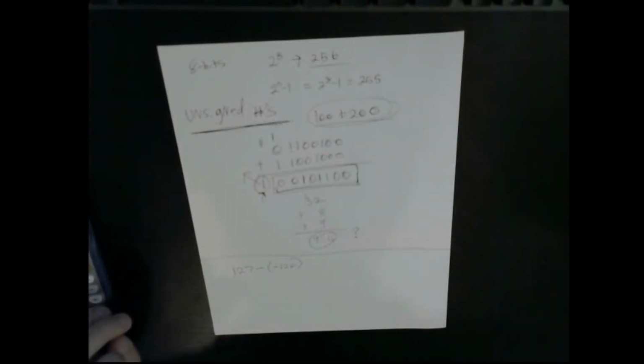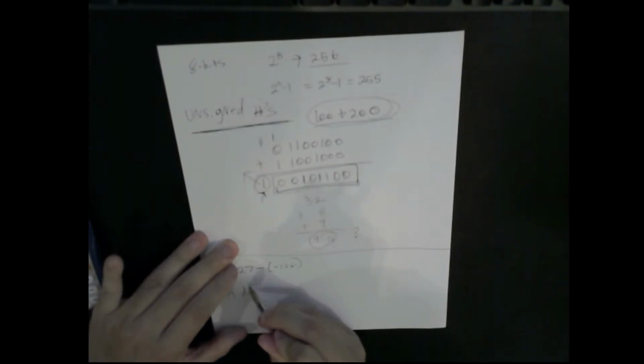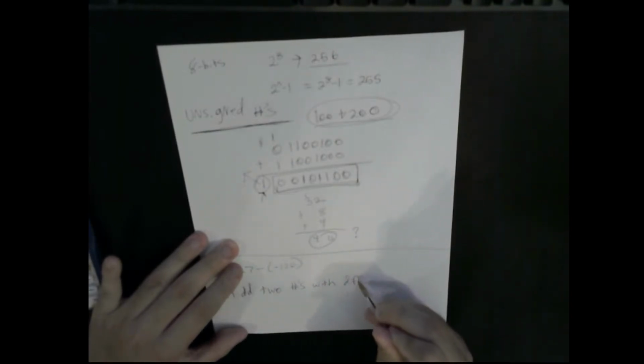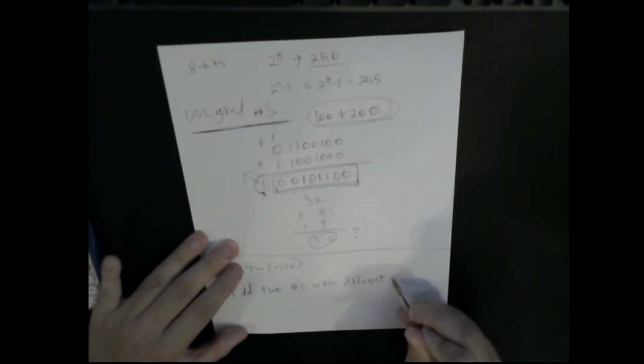So if you add two numbers with different signs, overflow is impossible. There's no way your number can overflow.